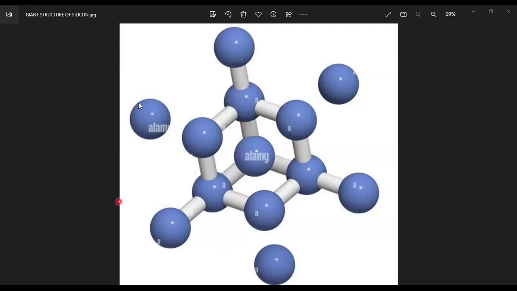These atoms combine in the same manner to form an extended structure, which we call the giant covalent structure. So that's how you can describe the structure of silicon.